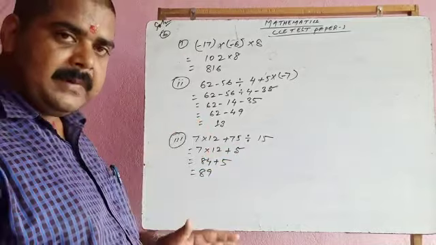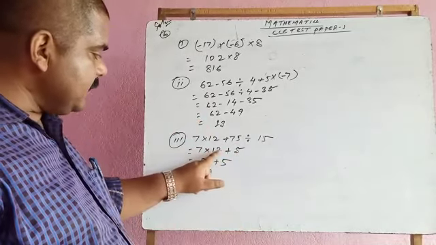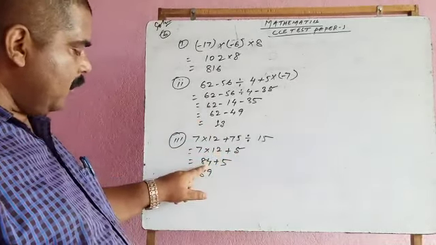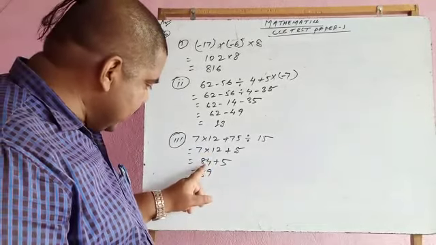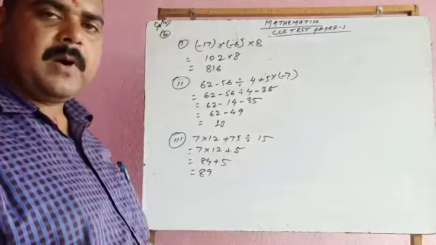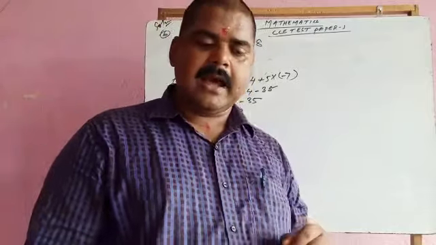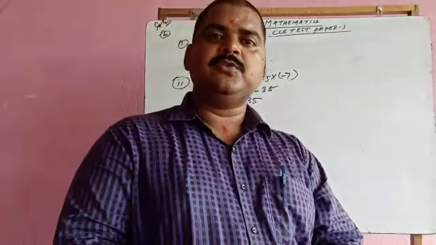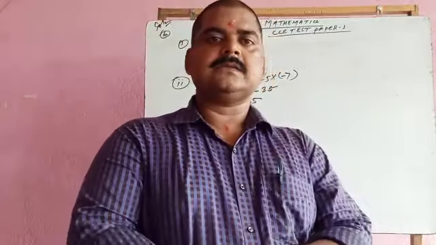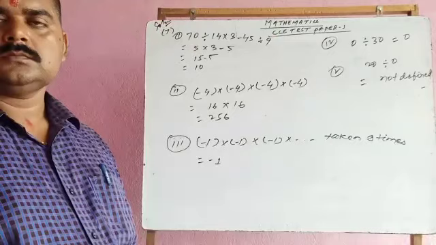Then I have to multiply 7 multiplied by 12, which is 84. And finally you have to check that 84 is added to 5, the result is 89. In this way you can solve the question by using the BODMAS rule.